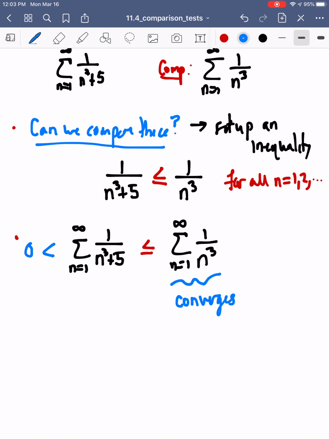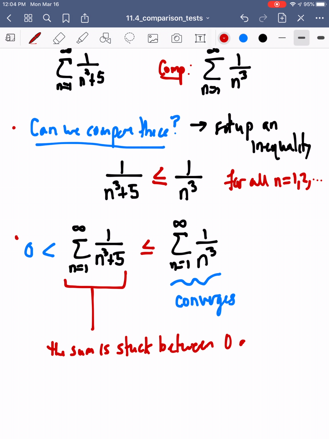So in other words, the sum of the series on the left-hand side is stuck between 0 and the sum of the series on the right. So it must also converge.